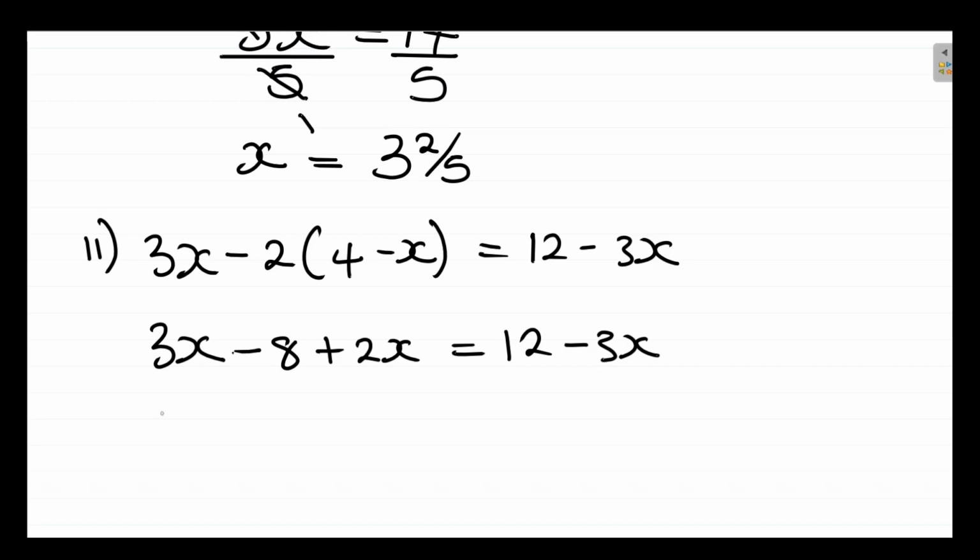So if we do, we have 3x plus 2x. When minus 3x crosses the equality sign, it becomes plus 3x equal to 12. When negative 8 crosses the equality sign, it becomes positive 8.